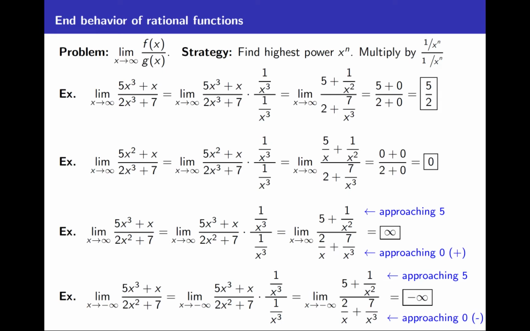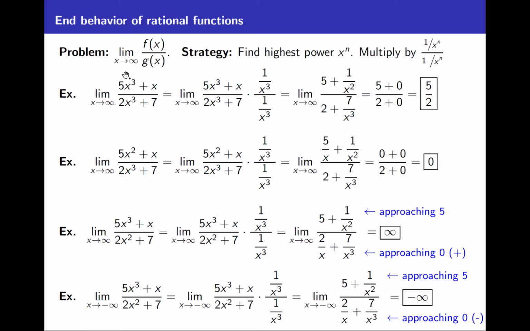So you can always apply this strategy of multiplying by 1 in this form whenever you're working out a limit of a rational function, a polynomial divided by a polynomial. And it's very important to note that this strategy that we've mapped out is only for infinite limits, where x is approaching infinity.